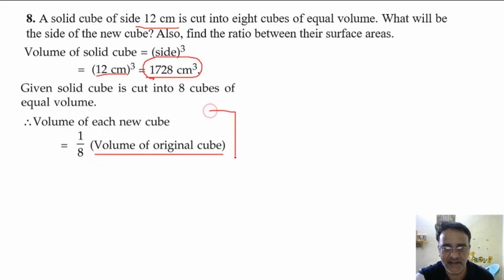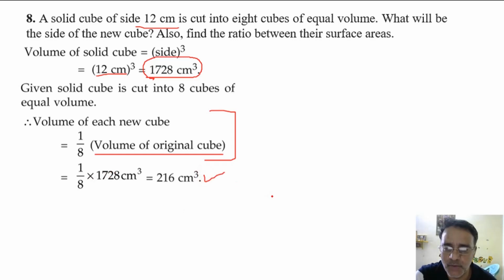Is this clear? Yes, sir. Right. So 1 upon 8 into 1728. If you cancel, you will get 216 centimeter cube. And 216 is the cube of which number? 6. Right.